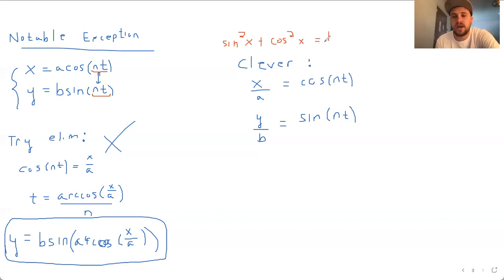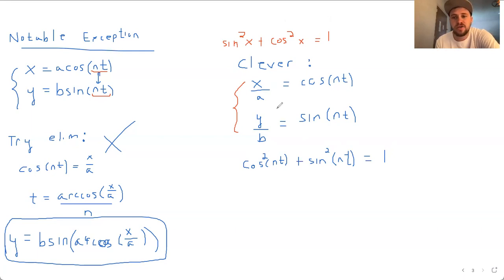And we can use this trig identity in a clever way along with our parametric equations. So if we say, okay, well, sine squared plus cosine squared is 1, that means if I take cosine squared of nt plus sine squared of nt, this should be 1, and it is 1.